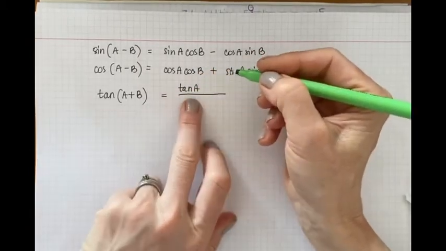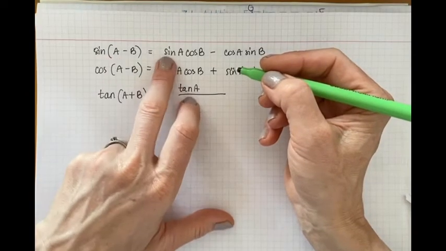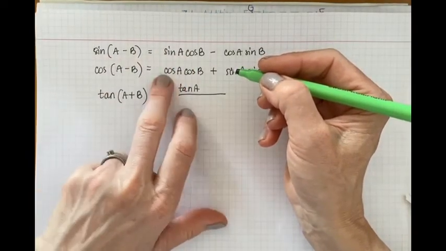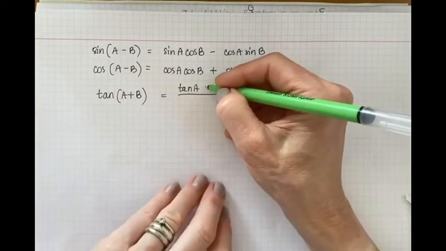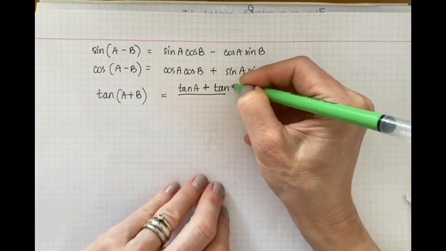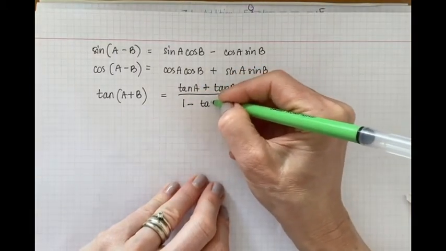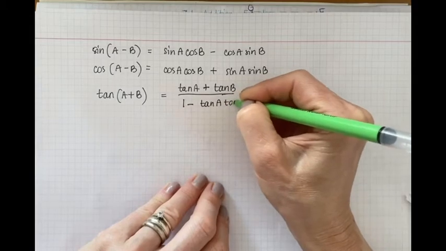On the top you put tan A. All of them start with, if you start writing sine A, cos A, tan A. So there is a plus on the top, tan A plus tan B. And there you've got 1 minus tan A multiplied by tan B.